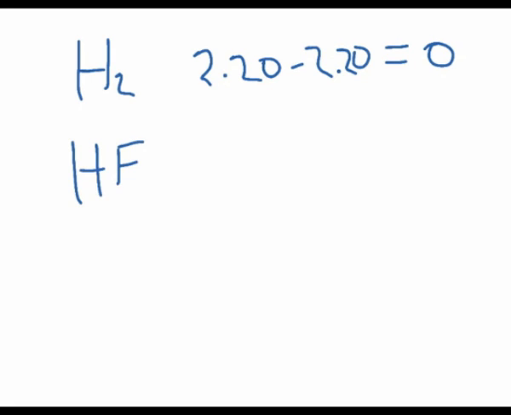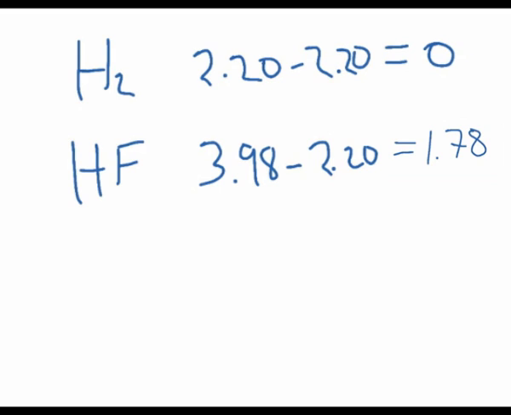HF has an electronegativity difference of 3.98 minus 2.20, which equals 1.78. This is a polar covalent bond. The electronegativity difference is less than 2, but it's greater than 0.